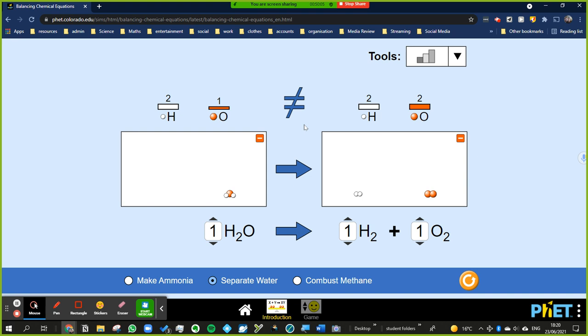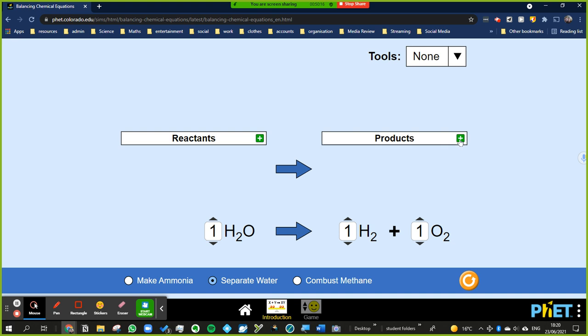So we can see on the left we've got the hydrogens. Well, actually, what we can do is make it difficult for ourselves. We can do no tools, and we can even hide the diagrams and try to do all that in your head. Now we can see we've got 2 hydrogens on the left, 2 on the right. We've only got 1 oxygen on the left and 2 on the right.